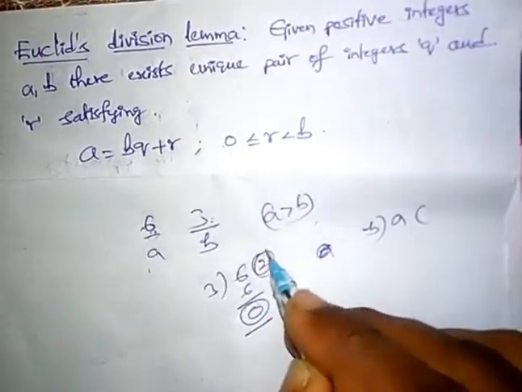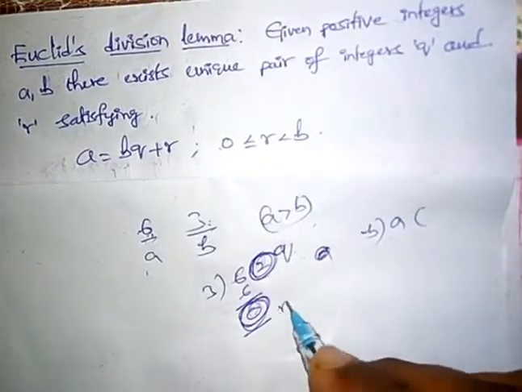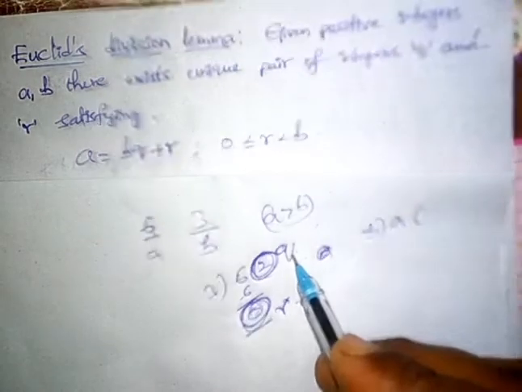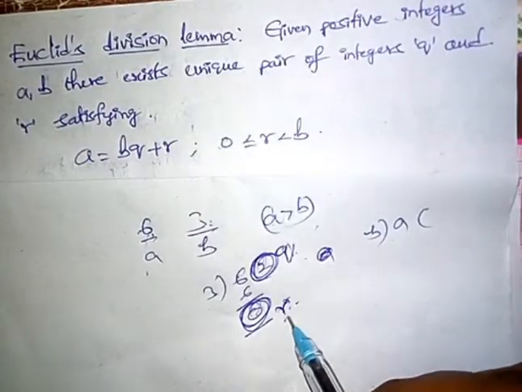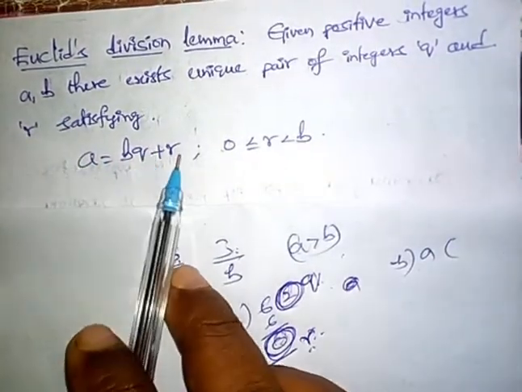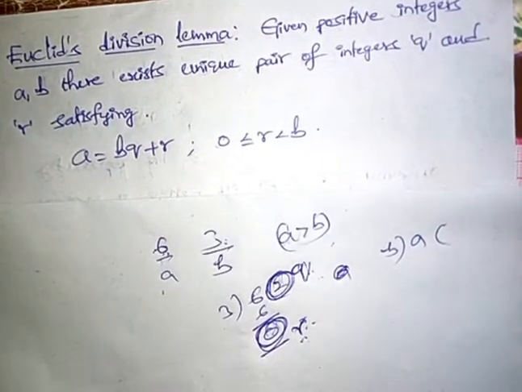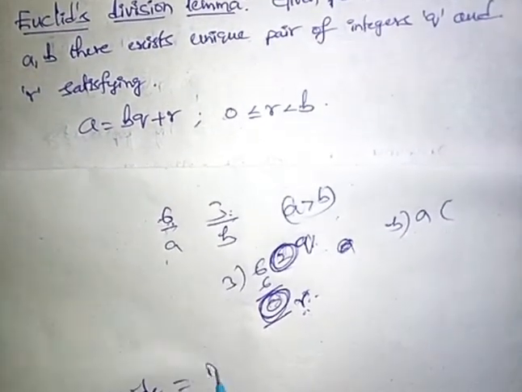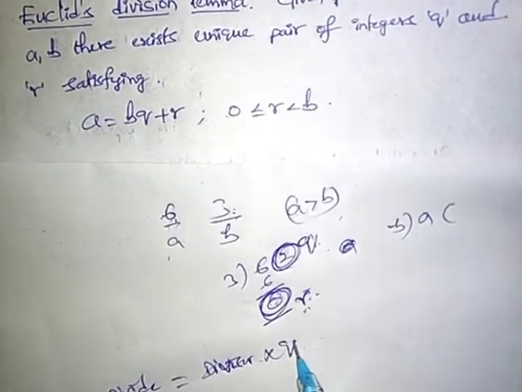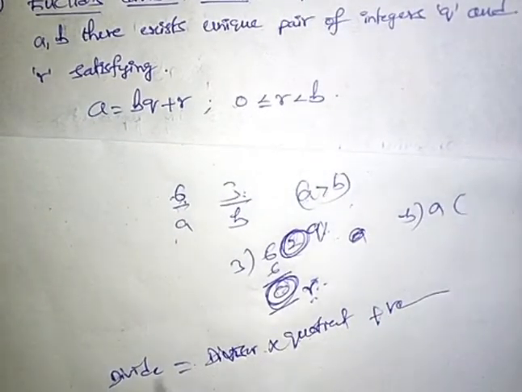That means a pair of integers, q the quotient and the other one r. So there exists another pair of integers satisfying the relation a equal to bq plus r. A equal to bq plus r is nothing but dividend equal to divisor into quotient plus remainder.